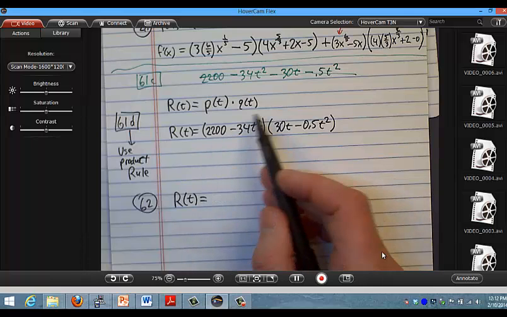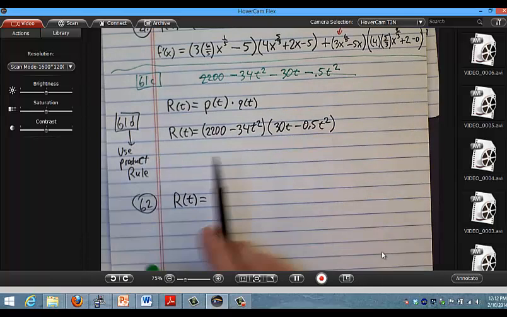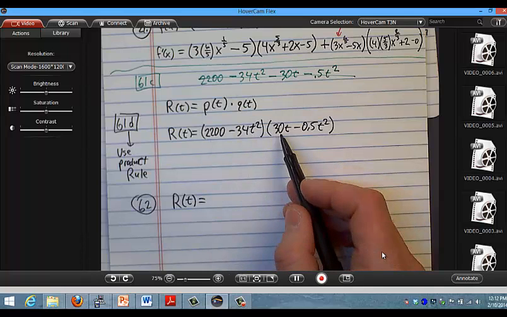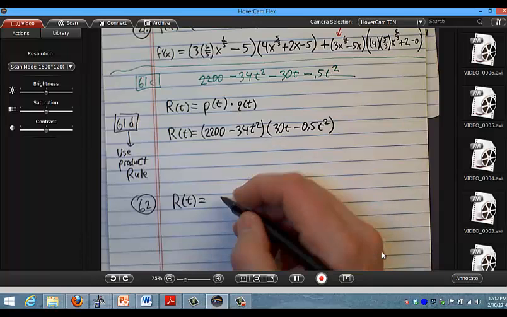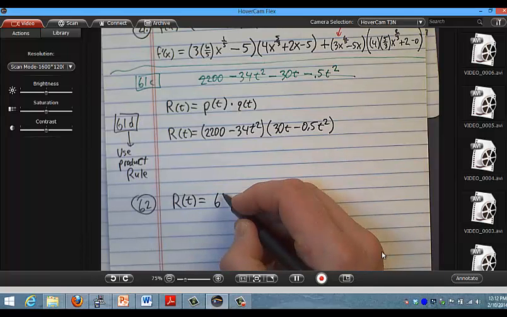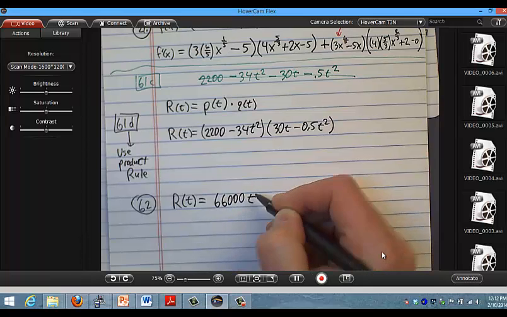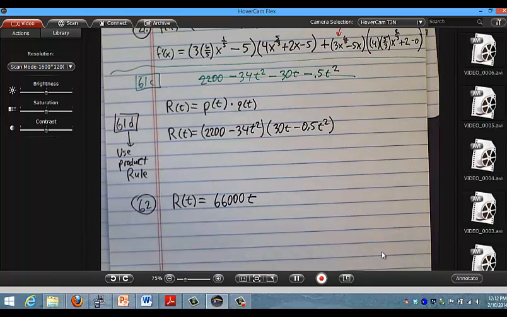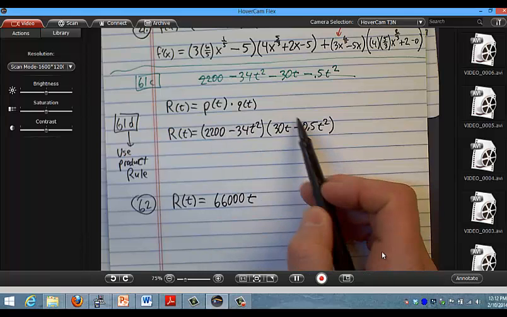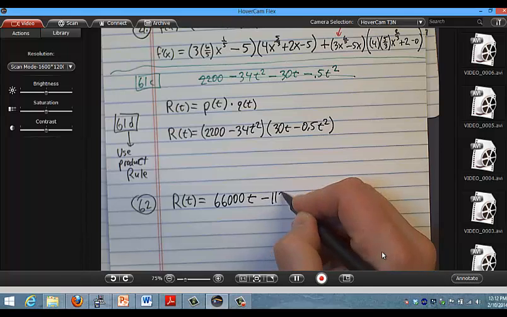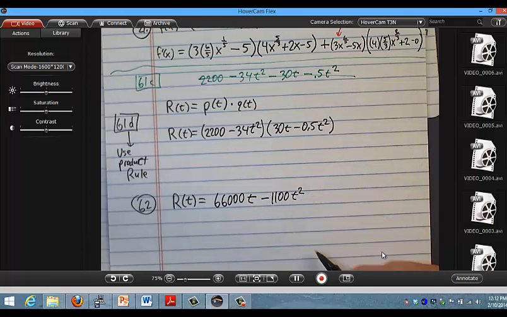So if I multiply this out, I'll have to do first, outer, inner, last. So I'll do 2200 times 30t. I'm getting, let's see, 66,000t. And then if I do 2200 times 1/2 t squared, I get minus 1100t squared.